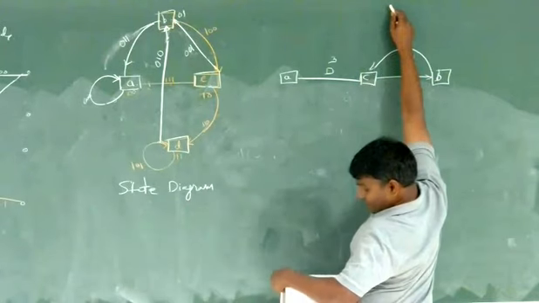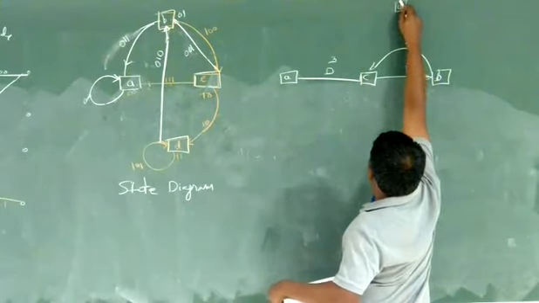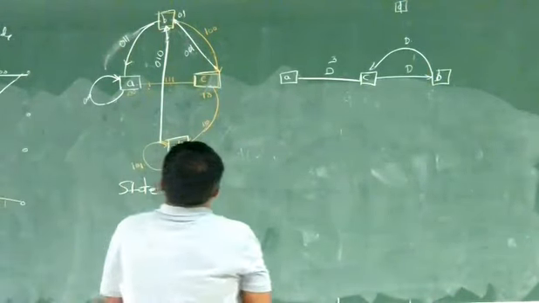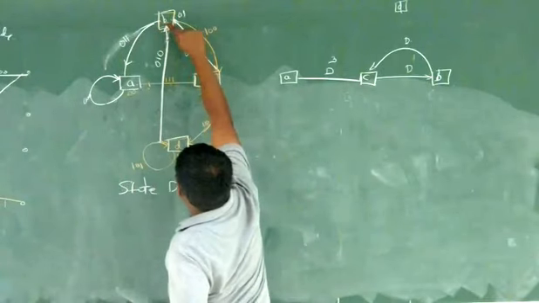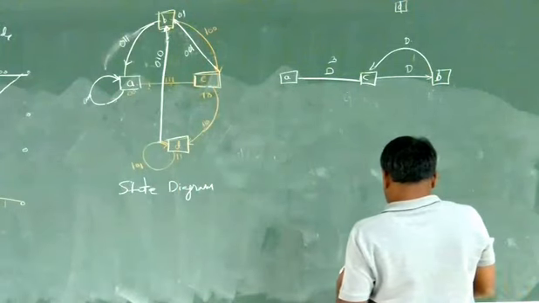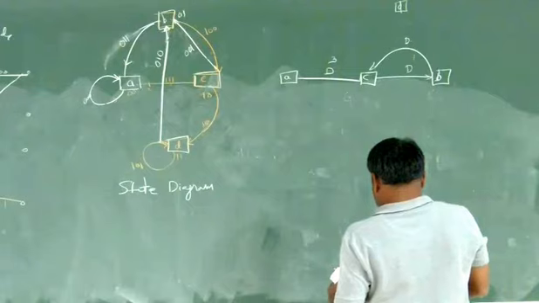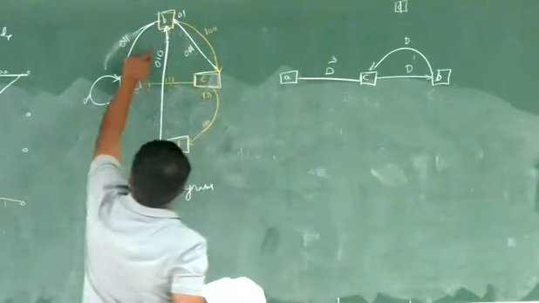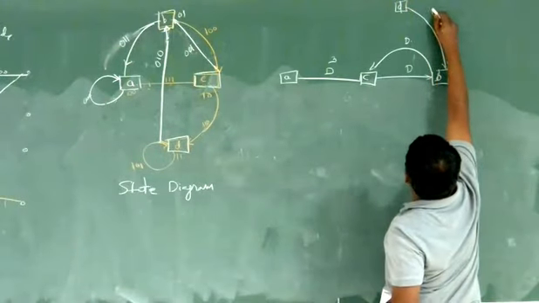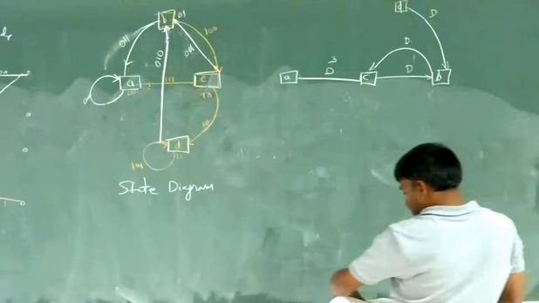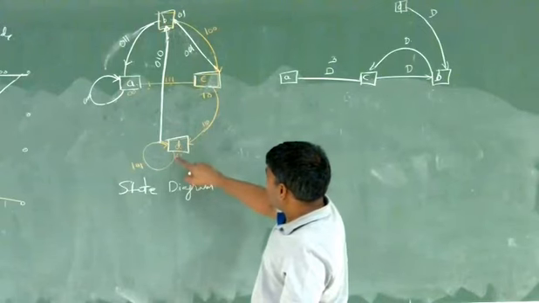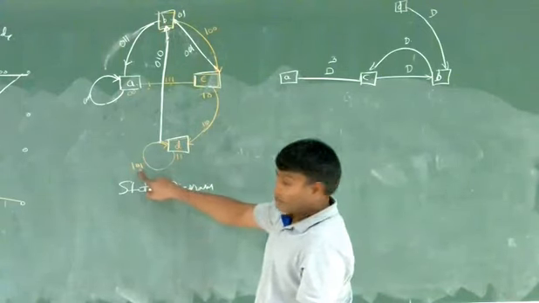And then there is this D. Not B to D, it's D to B. Then in D, you can go from D to D, and the weight is D square.